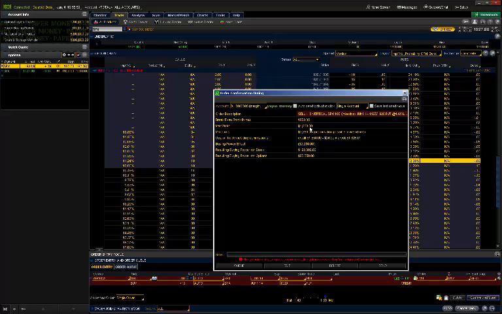You know, depending on how many contracts you do, you know, if this is 10 or 20 or whatever, that's going to be your profit. You know, it's about $25 commission. You know, and your leverage is about $100,000.